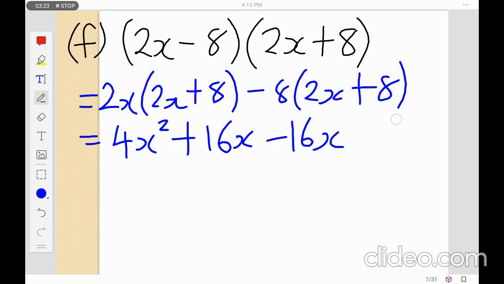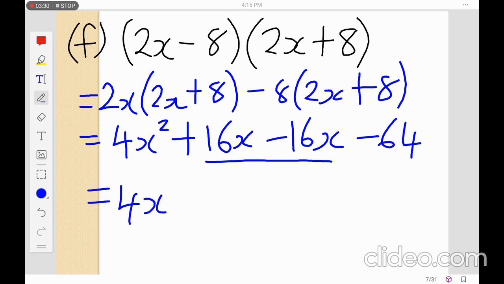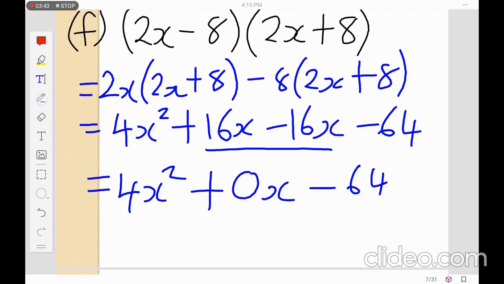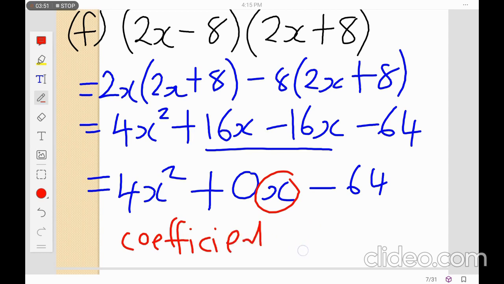Then I've got minus 64. Let's solve the x terms together. We have 4x squared plus 16x minus 16x, we get plus 0x, minus 64. So this is the final answer. Now to write the coefficient of x, we take the number that has got the x. In this case, our coefficient of x is equal to 0.